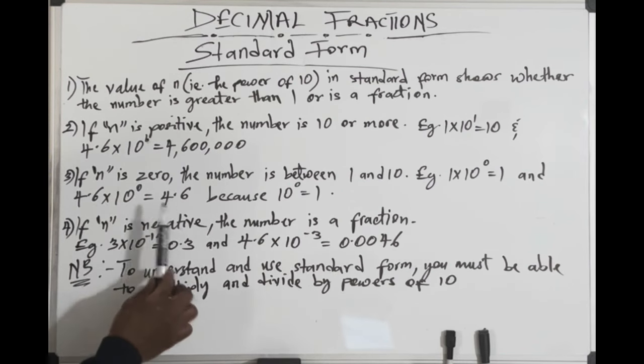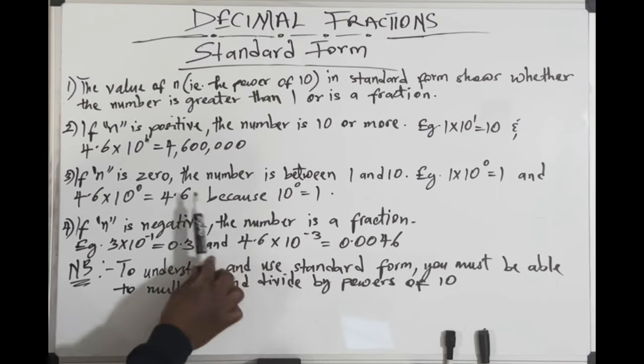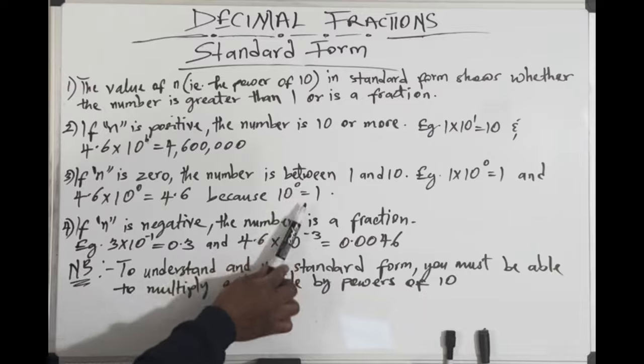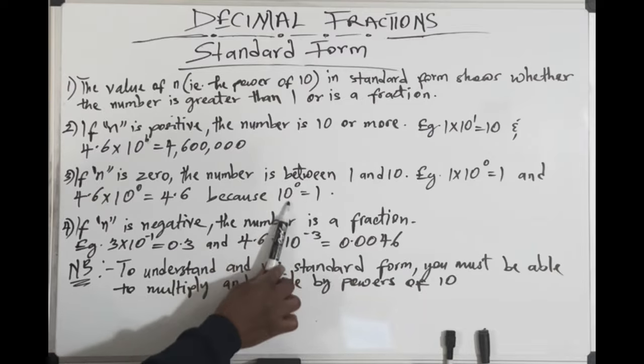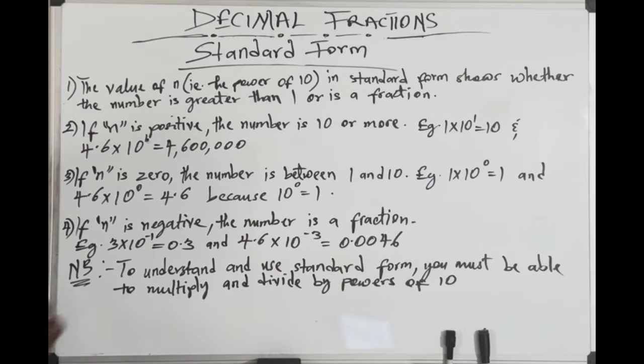Why? Because any time you see 10 raised to the power 0, change the whole thing to be 1 and use it to multiply whatever number is said there. It's very simple. Very, very easy.